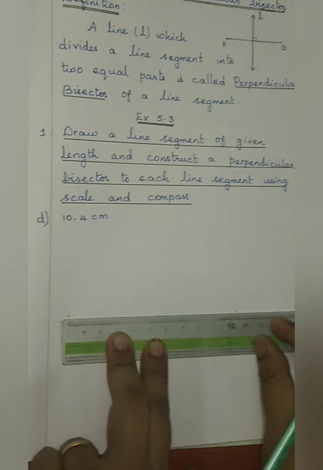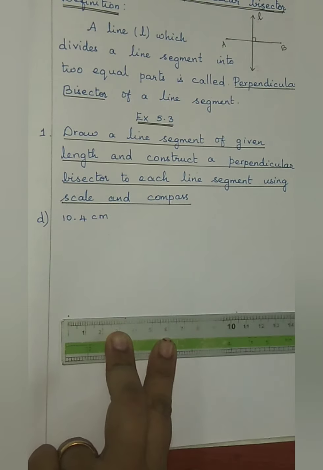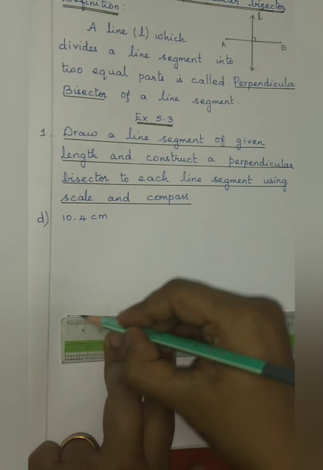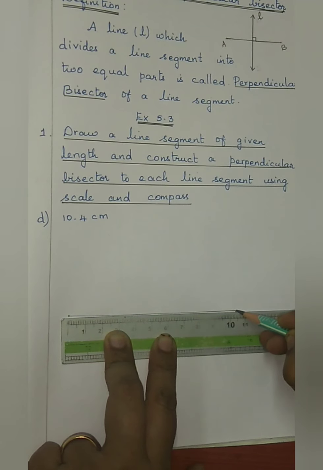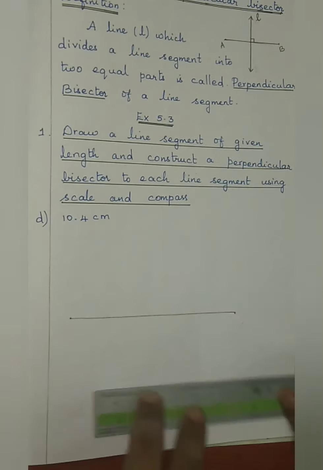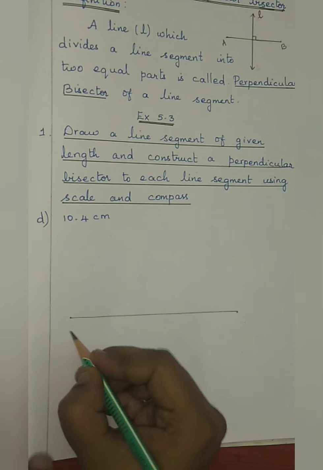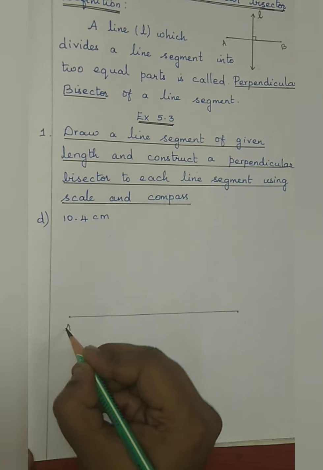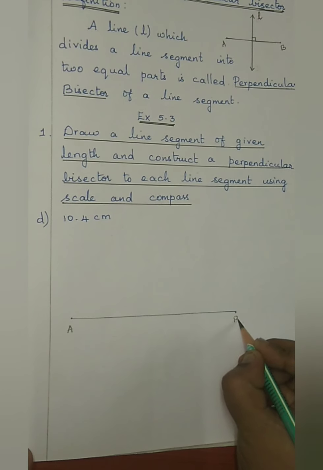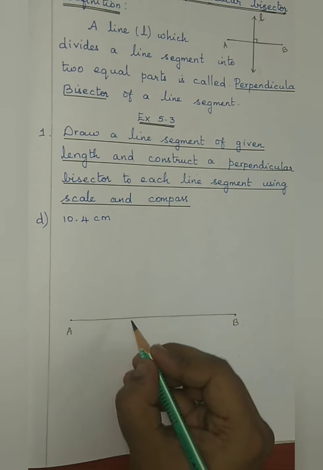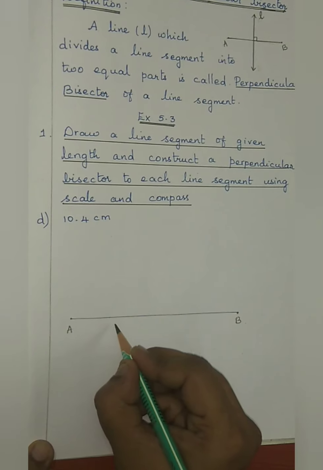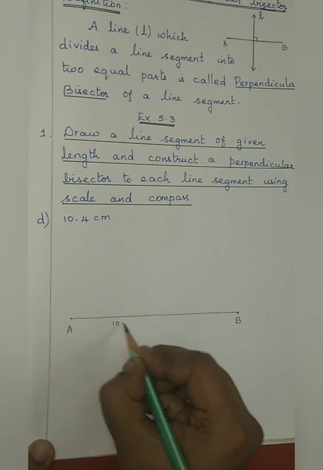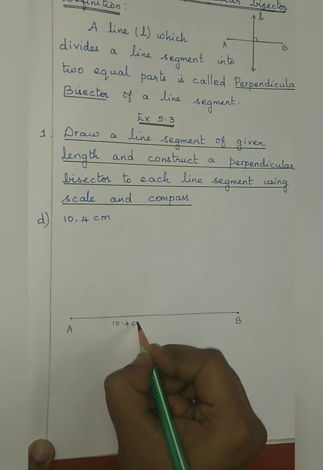Now join these two points. Name the endpoints as A and B. Write the measurement below this line segment, 10.4 centimeter.